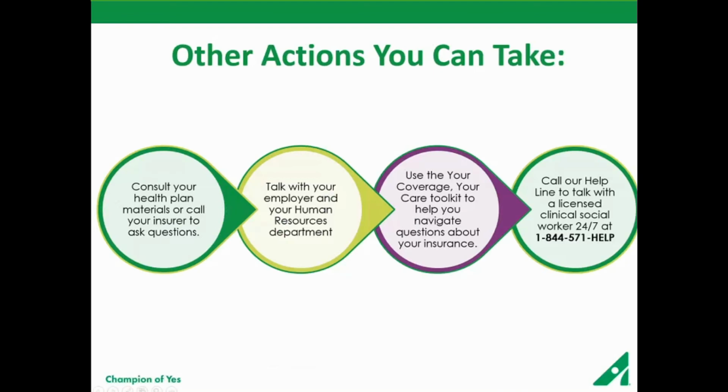So what are some other ways that you can take action? Well, Anna really hit the nail on the head in making sure that our voices are heard across the full healthcare spectrum. So the first thing you want to do is really understand how your care is impacted by these programs. So you'll want to consult your health plan materials or call your insurer to ask any of the questions that you have.